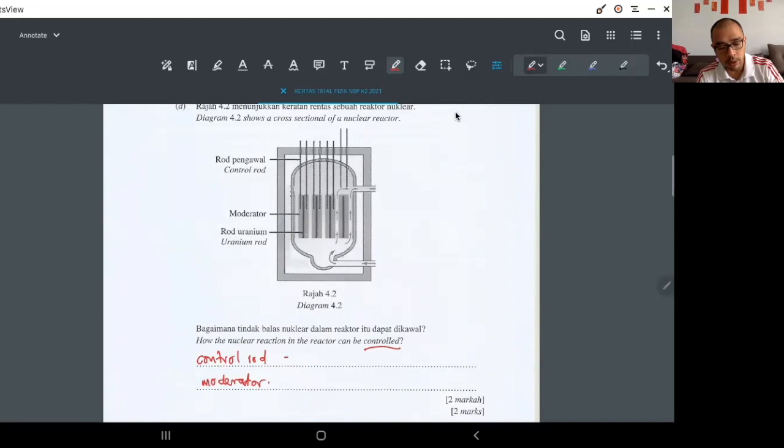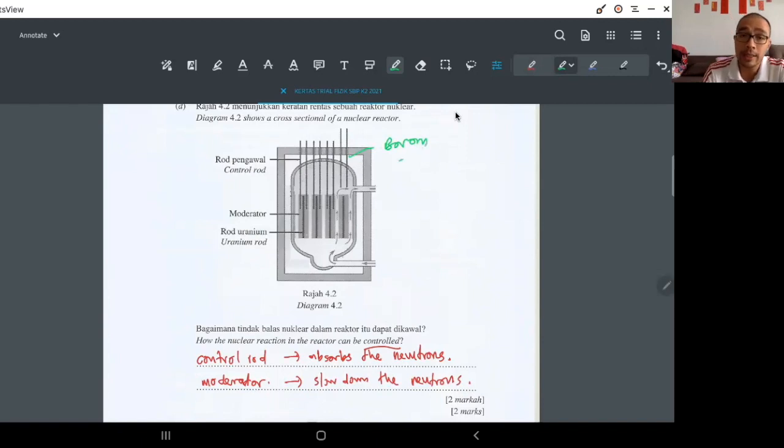So the control rod absorbs the neutrons. That's one. Now, the moderator is used to slow down the neutrons. And this is extra information, not really the answer to this question, but just so that you know, for control rod we use boron, and if I'm not mistaken, cadmium, and for moderator we usually use graphite.